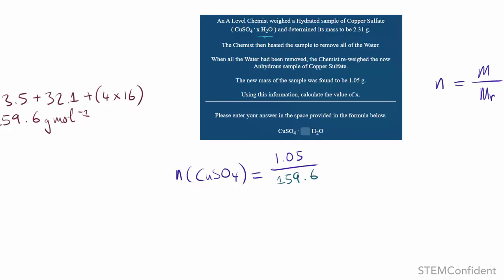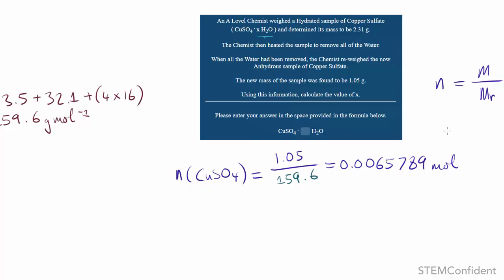And if you have a go at working out what that is, what you should find is that you get 0.0065789, right? And that's going to be in moles, right? Okay.